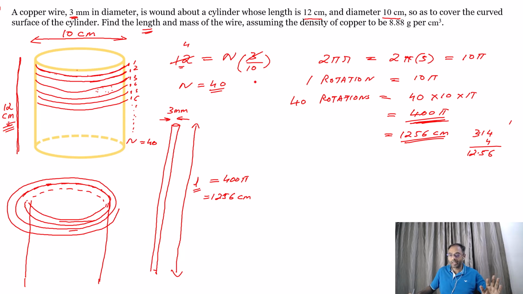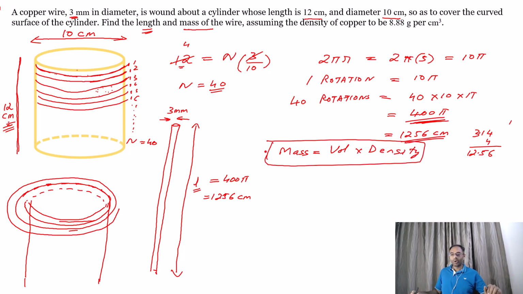Now we have to find the second part of the question, which is the mass. From physics and chemistry, we know the formula for mass is equal to volume into density. Density, do we know? Yes, density is given to be 8.88 grams per centimeter cube.